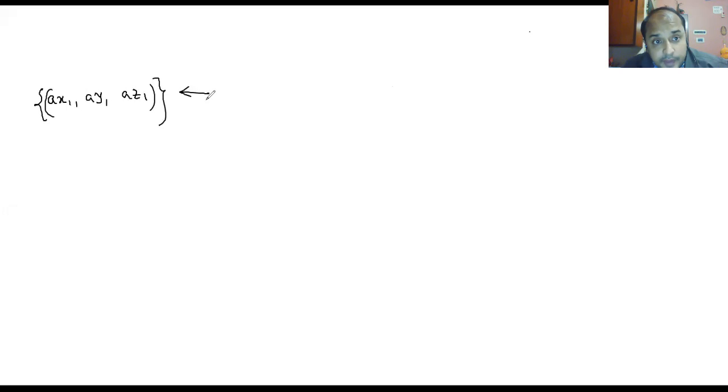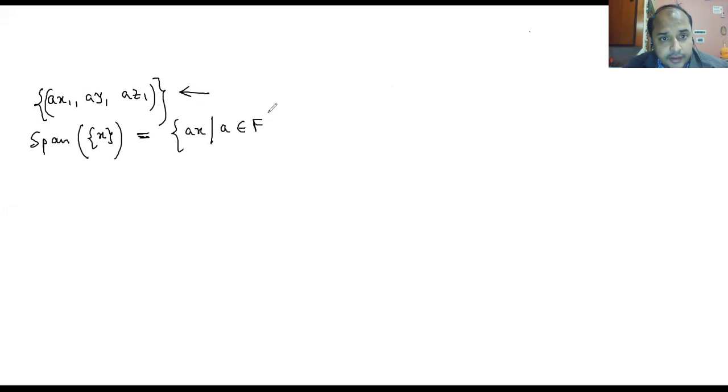I was saying that I showed the span of the singleton X to be this particular set, and for R3 we are considering the singleton vector x1, y1, z1.